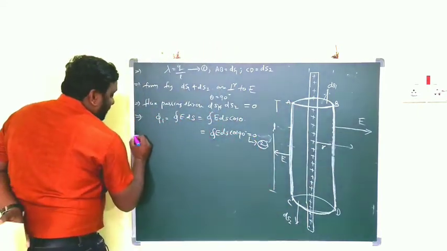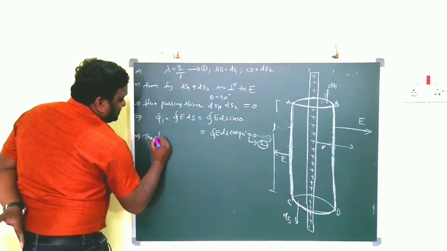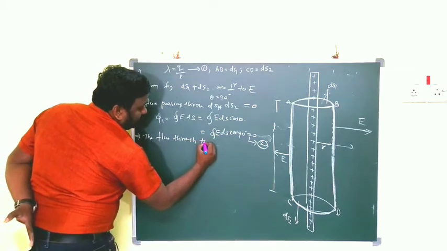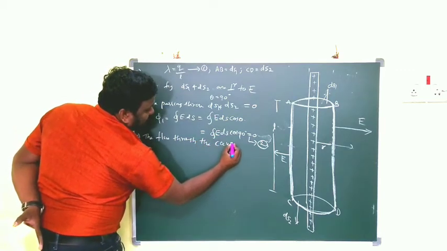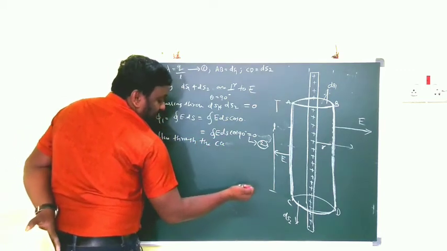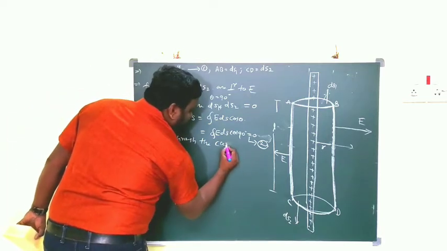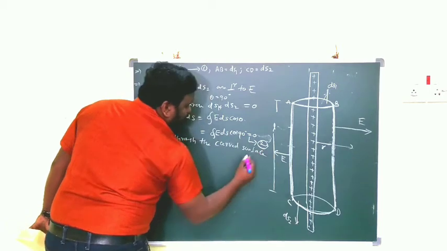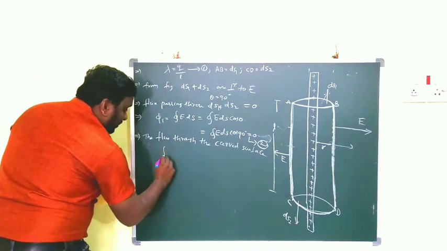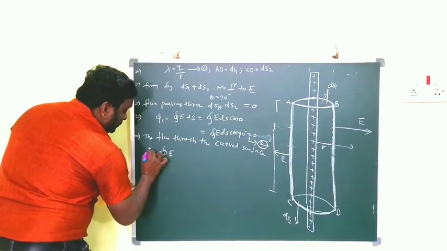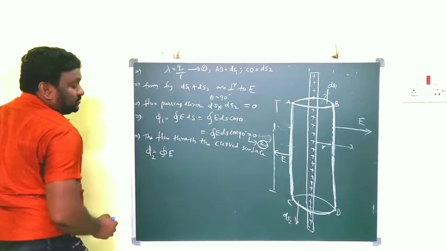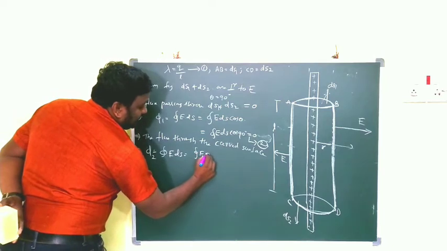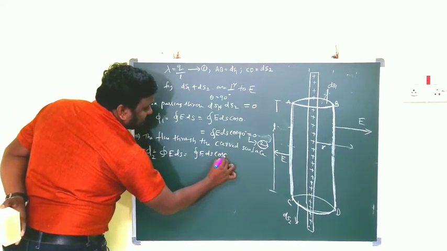That's why I am writing the flux through the curved surface. Phi 2 is equal to the closed integral of E ds cos theta.